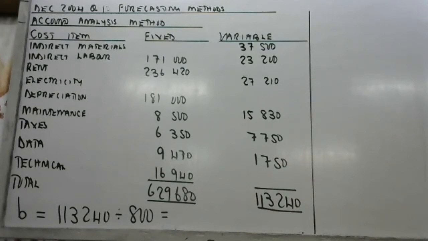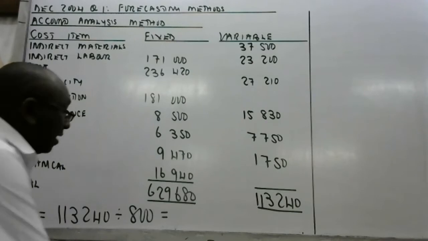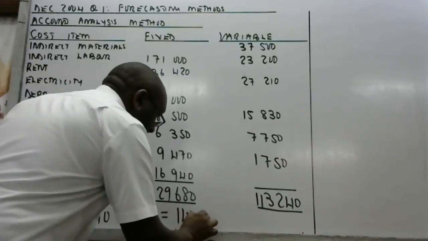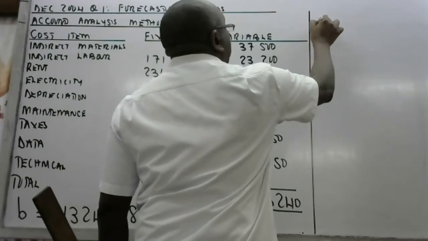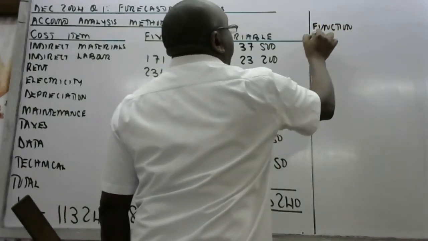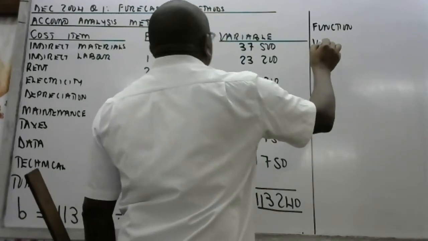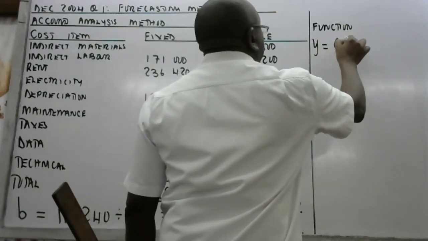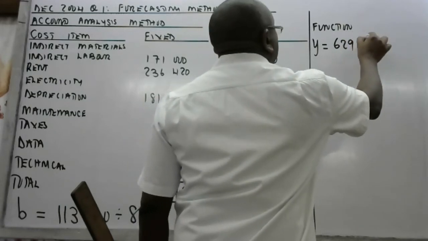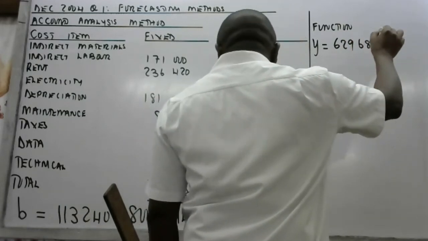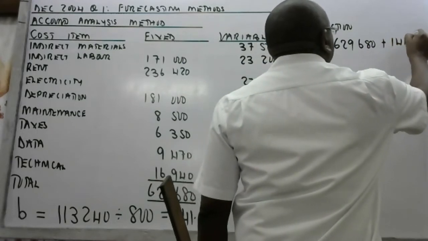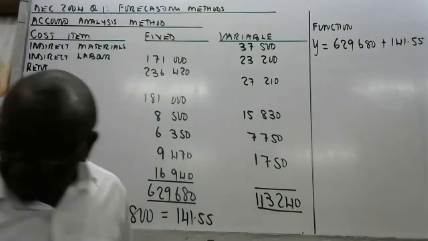Give me the answer to 3 decimals. 113,240 divided by 800. 141.55. And therefore the function would be y is equals to 629,680 plus 141.55x.